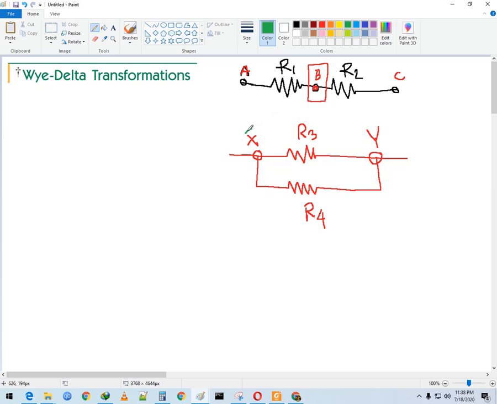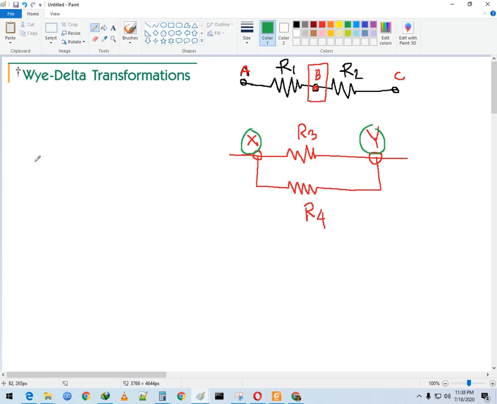In between node X and node Y we have R3, and we also have R4. In that case, we can call R3 and R4 are in parallel.